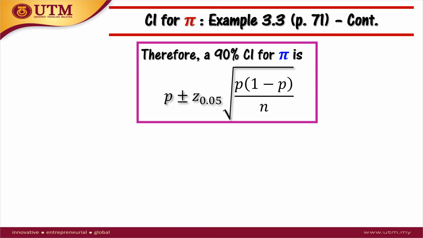Here z alpha over 2 is z 0.05, where 0.05 is alpha over 2, where alpha is 10% since we have a 90% confidence interval.